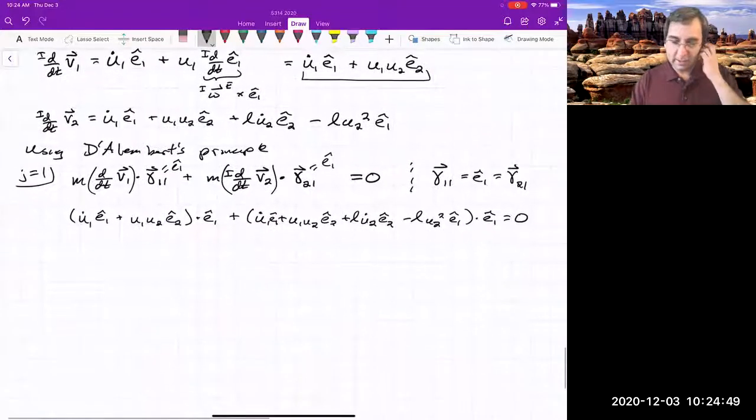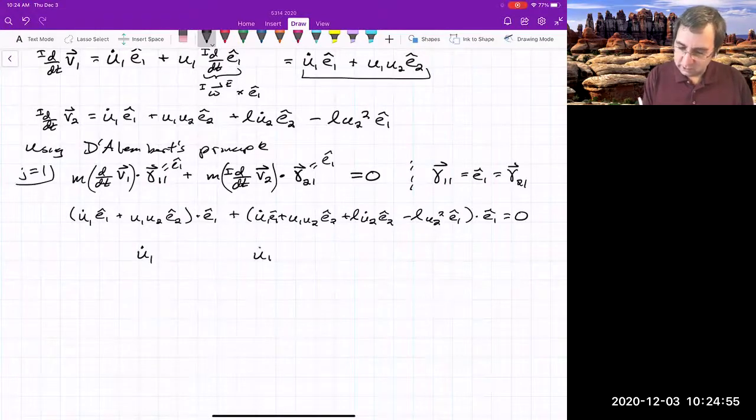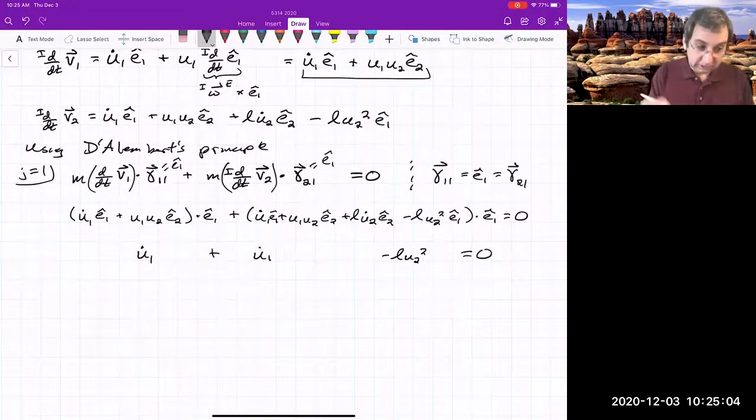All right. What do we get from here? U1 dot. What do we get from here? U1 dot minus L U2 squared equals 0. So this equation just gives us 2 U1 dot minus L U2 squared equals 0.